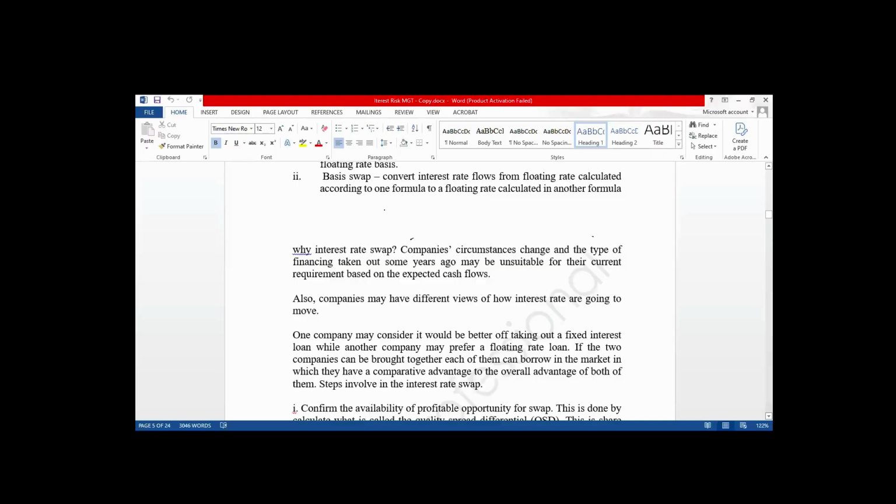In this case, the company can borrow at a fixed rate, then go into swap with another company so as to pay floating rates. We shall be solving question on this tonight. Then we can explain more.